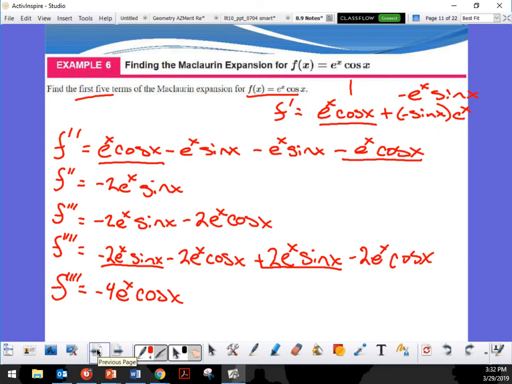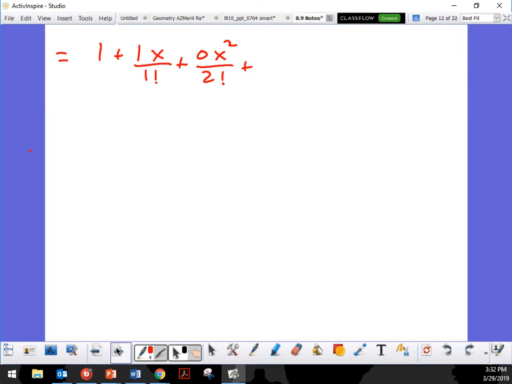So this is 0. This is -2. And it's going to be x cubed over 3 factorial. All right, so we're up to the fourth derivative.